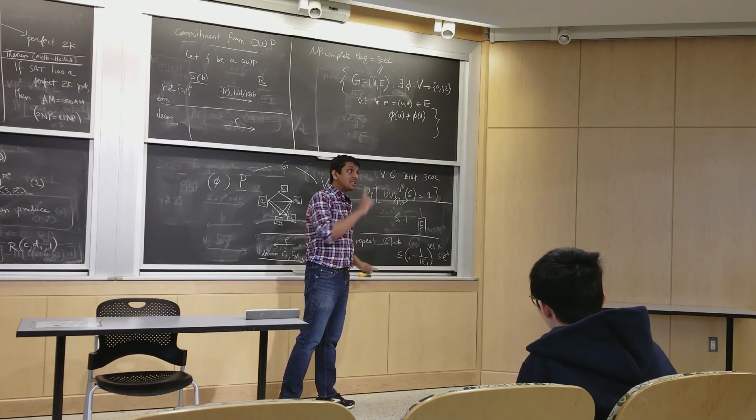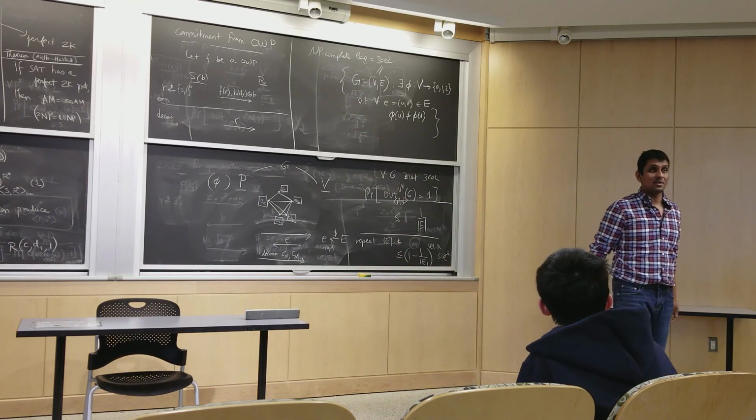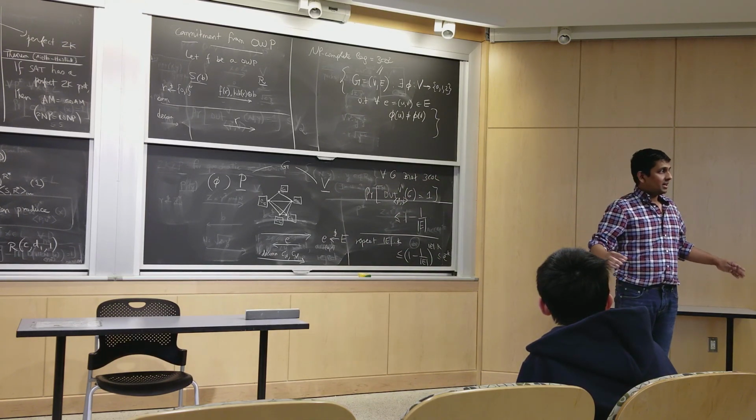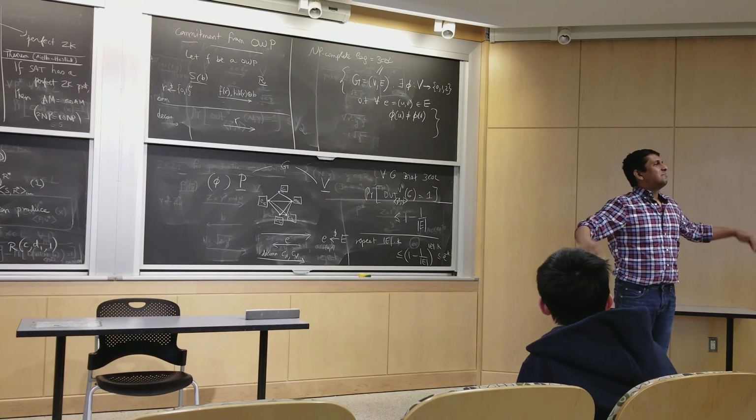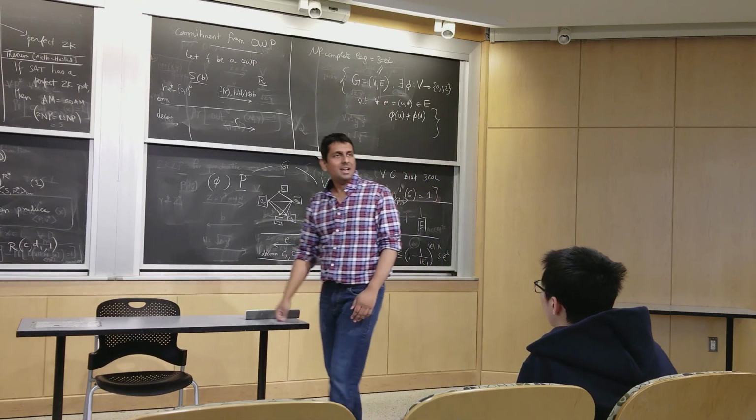On the other hand, completeness is 1, so every time the prover will manage to convince the verifier if the graph is three colorable. That's the protocol. Zero knowledge, that's for next class.